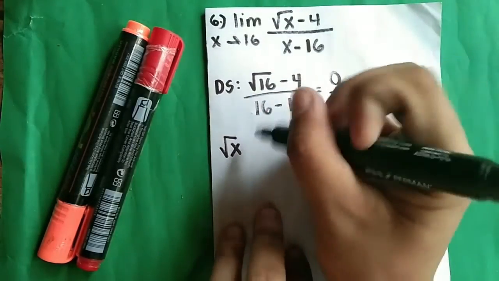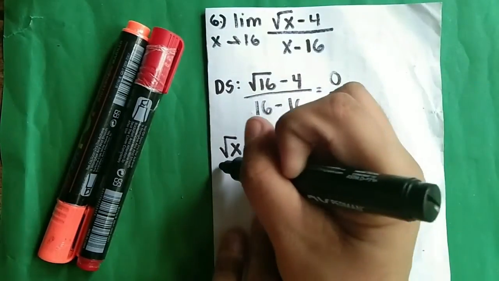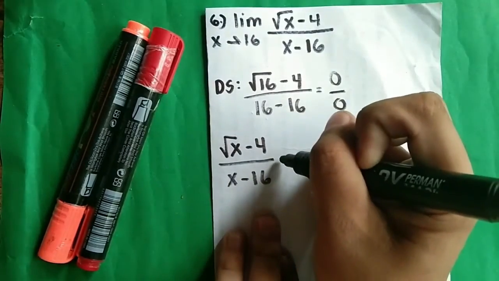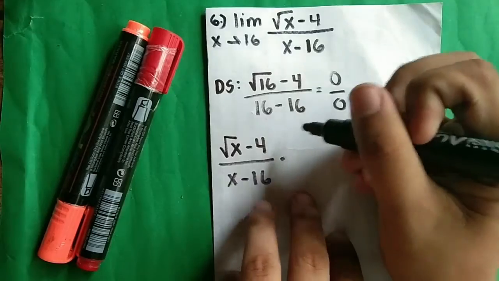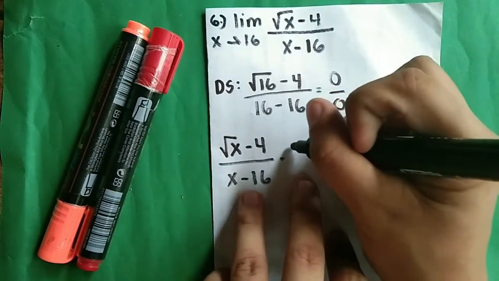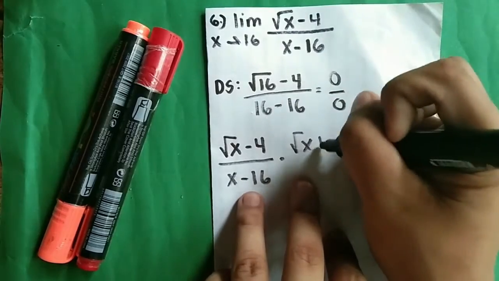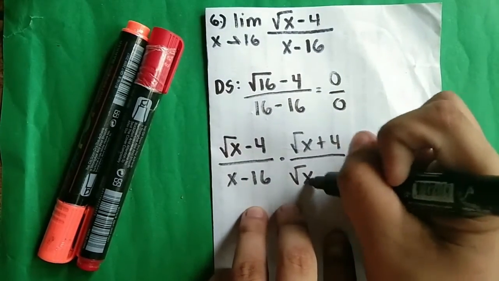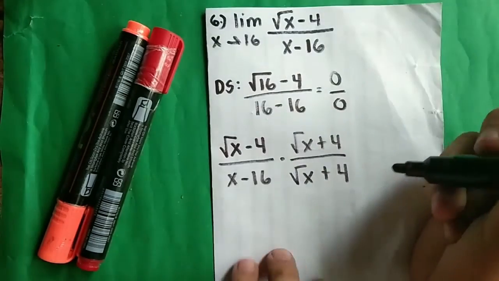So square root of x minus 4 all over x minus 16 times the conjugate of this numerator, which is square root of x plus 4 all over square root of x plus 4.